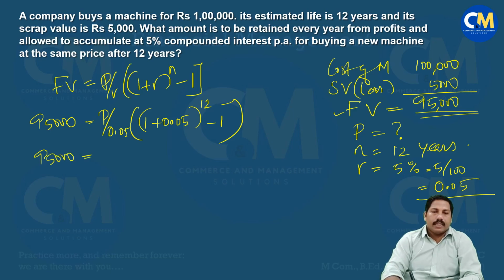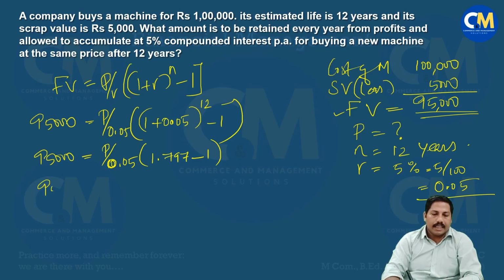So 95,000 is equal to P divided by 0.05 into 1.797 minus 1.